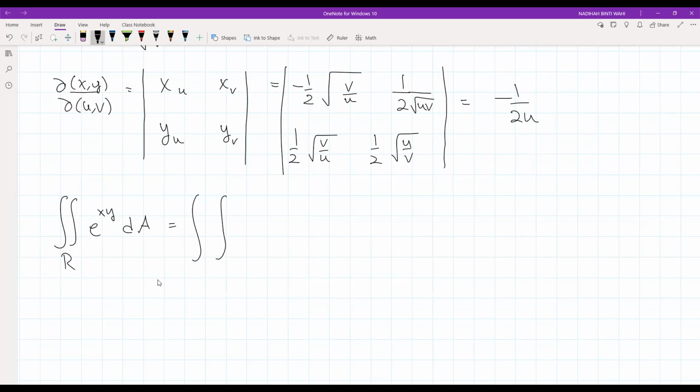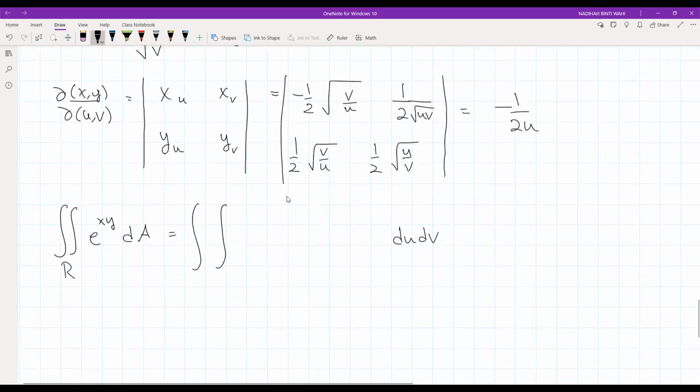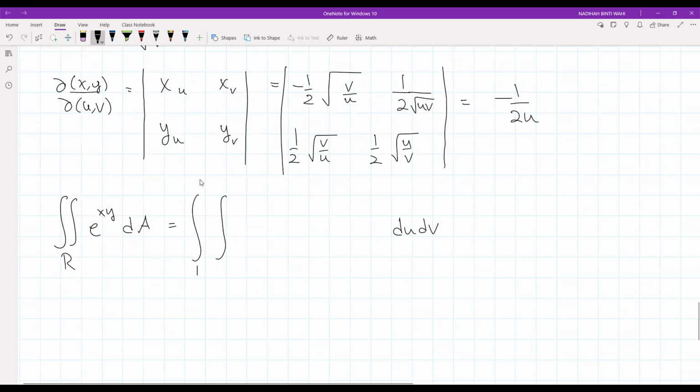In this case, it doesn't matter if you want to put in terms of u, v, or v and u, because the limit is just a constant. So let's try to use du dv. So v goes from 1 to 2, the outer integral.